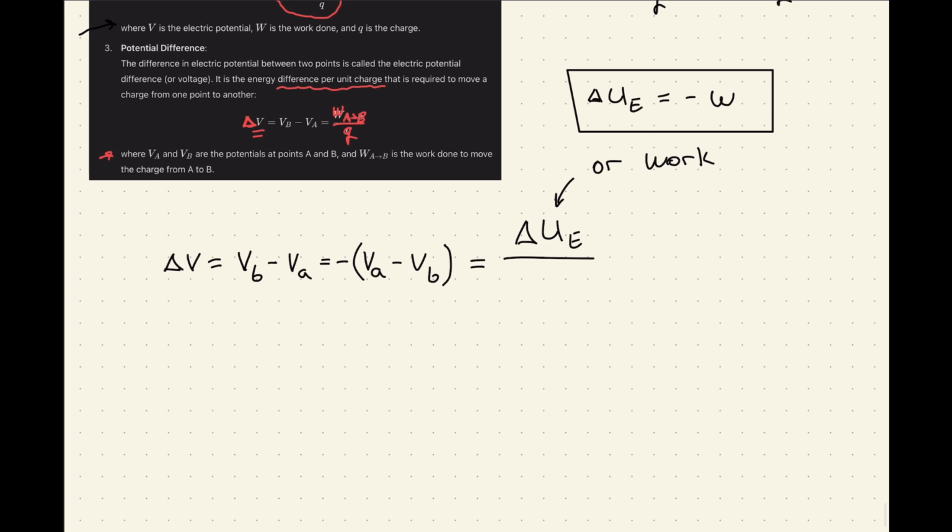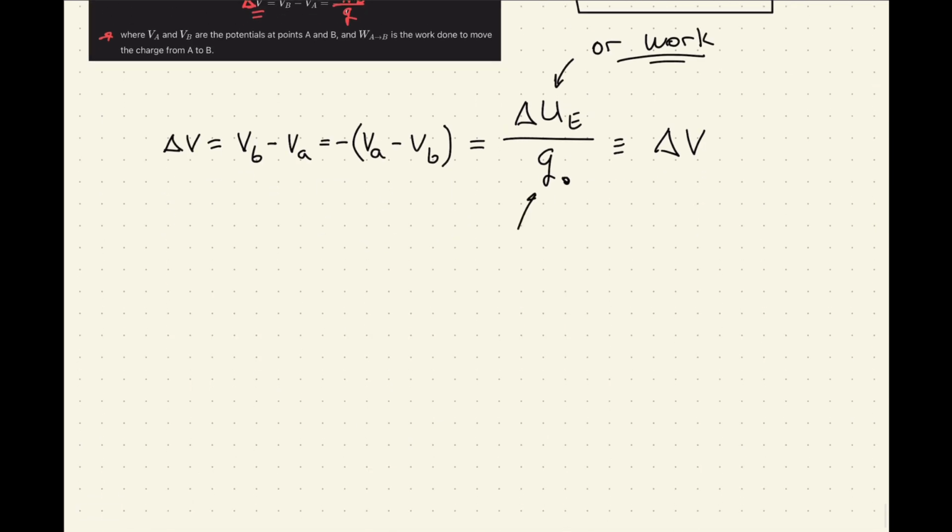So change in electric potential energy or work per unit charge is defined as electric potential difference. So this little per unit charge, this is like joules per unit charge. You can think about the units to maybe help you out a little bit. So this is how many joules per unit charge. Normally the unit charge we use is the coulomb. This gives you units of volts. So volts are joules per unit charge.